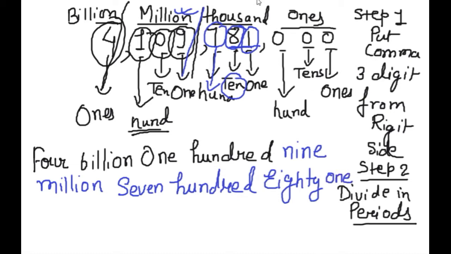And this period over here is 1000, so we will write 1000. Now these are all 0, so we need not write anything. That's it. This is the solution. Let's see the next example.